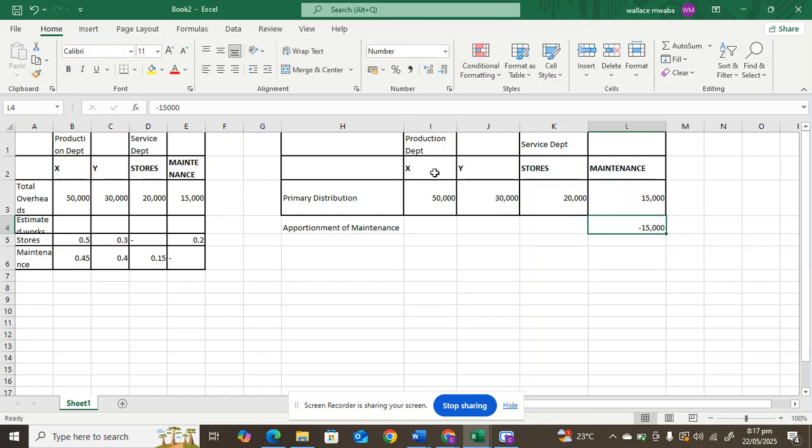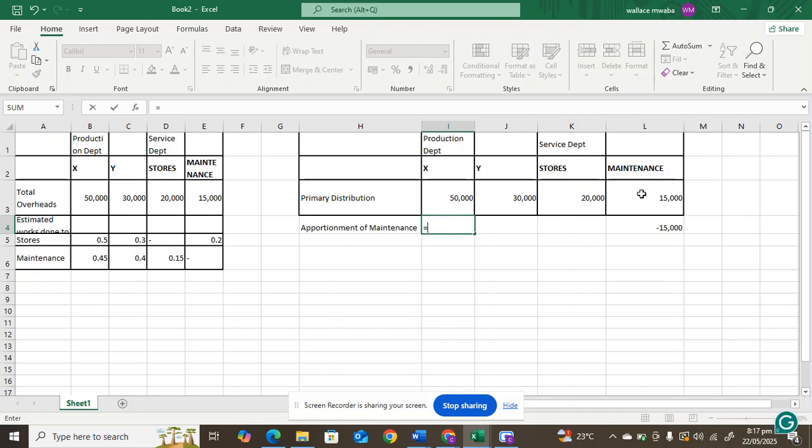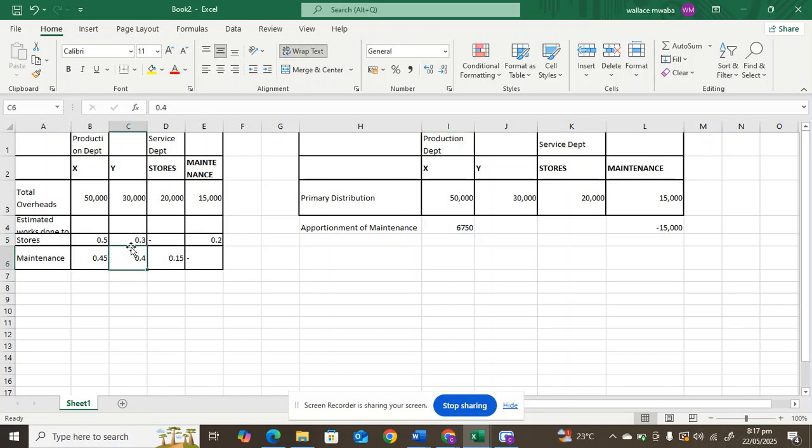All right, so production department X, maintenance does 45% work on it. So we're going to say 45% of 15,000. We get 6,750. For department Y, maintenance does 40% work on it.